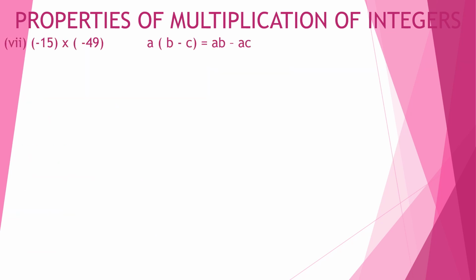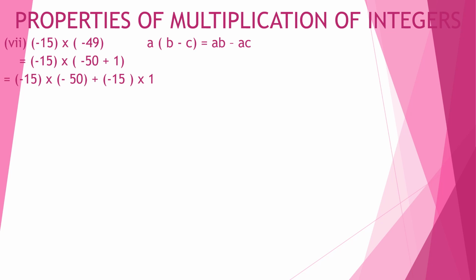Minus 15 into minus 49. Now minus 49 I will split as B minus C. Minus 15 into minus 49, I write as minus 50 plus 1. A negative integer plus a positive integer. So minus 15 into minus 50 plus minus 15 into 1.